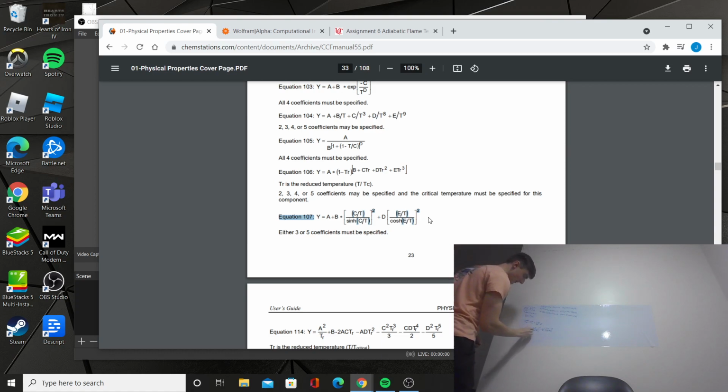Now this equation is going to be substituted in for CP.